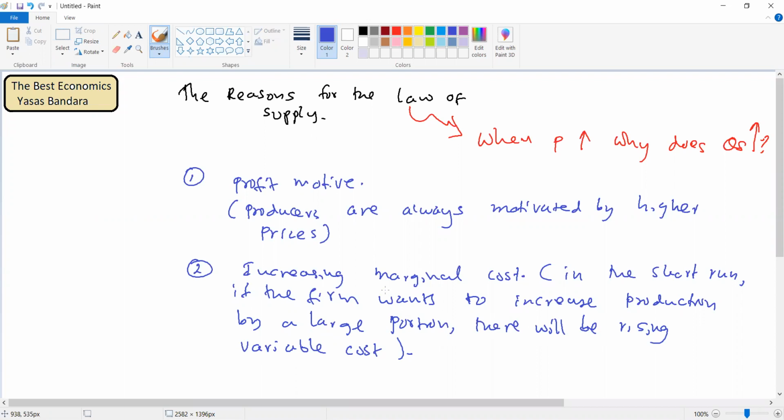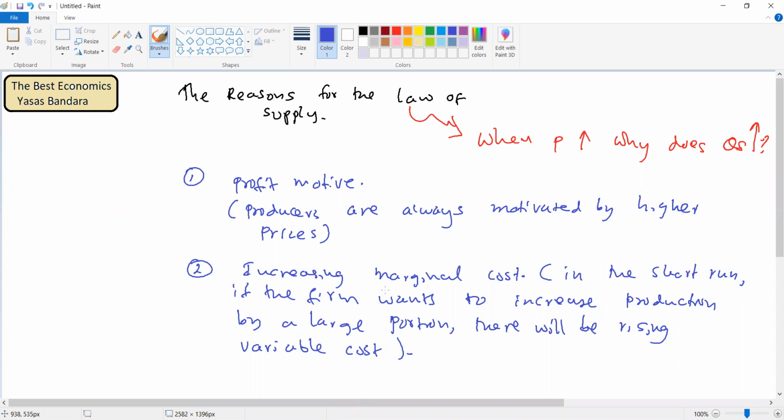So their only way of increasing production is increasing variable factors like raw materials, laborers. So when the firm tries to increase production, they have to face this difficulty. They have to face that inability. As a result, they face some sort of fall in productivity of the variable factors they employ.